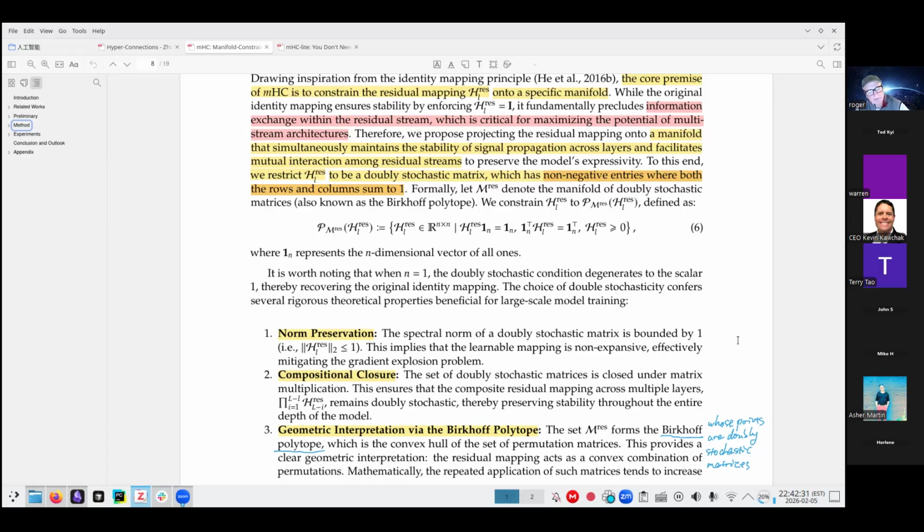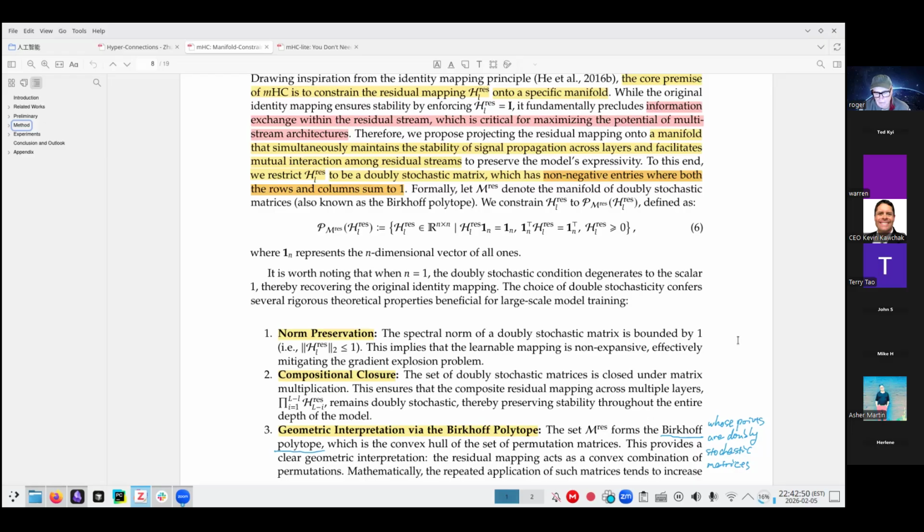When you multiply square matrices together, you sort of multiply their eigenvalues. So if you start out less than or equal to one, then no matter how many times you multiply positive numbers that are less than or equal to one, you're going to stay less than or equal to one.